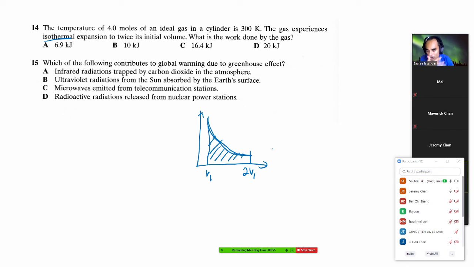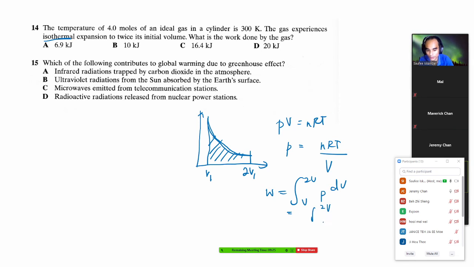So PV equals nRT, so P equals nRT divided by V. Now work is the integration of P dV, so you are just getting the area under the graph.